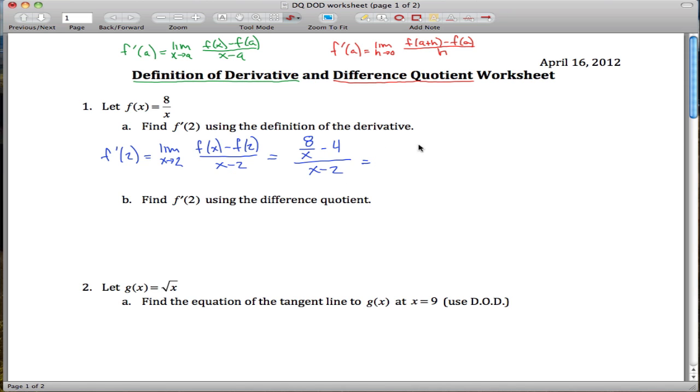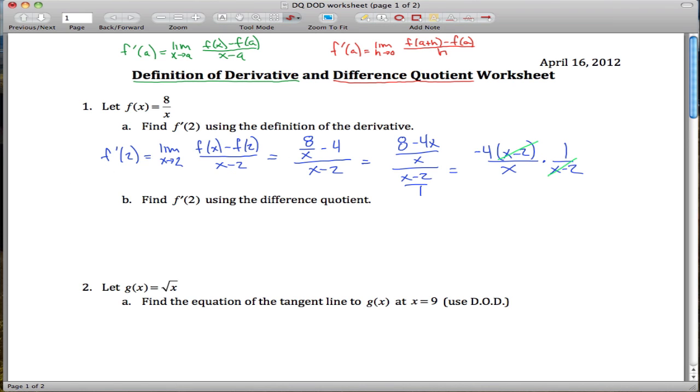And we can simplify this, get a common denominator, and you get 8 minus 4x over x, divided by x minus 2, maybe over 1, which if you factor out a negative 4, if you get a little bit clever, you're left with x minus 2. And now we're just doing algebra.